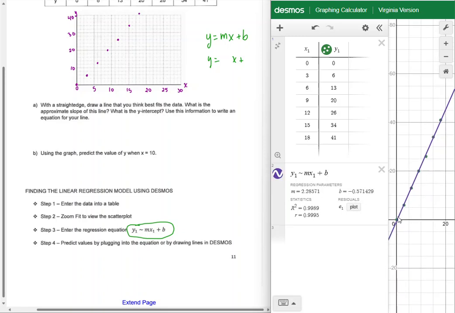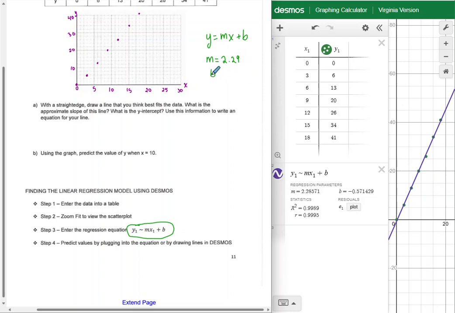Notice the line is not perfectly going through all of the points, but it is doing a pretty good job. And look, I have the m right here. So let me write it like this. Desmos tells me that my slope is 2.2, I'll round it up to 2.29 right here.